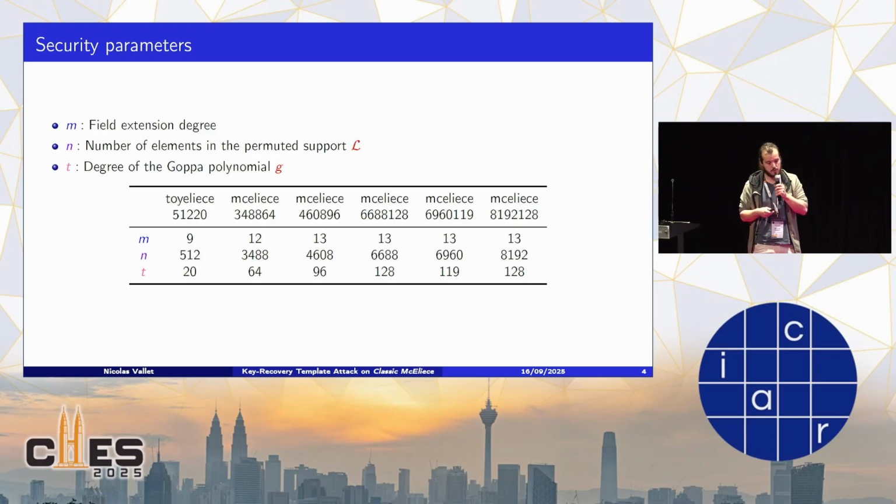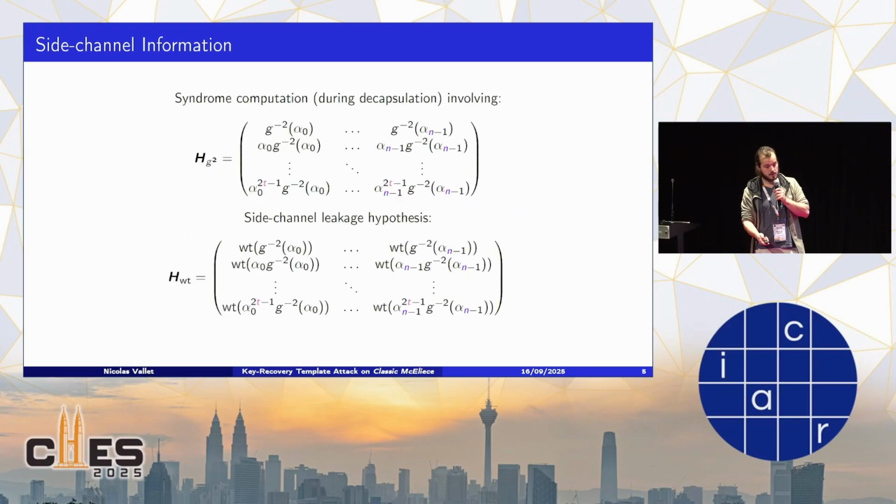There are different McEliece sets of values that have been submitted to the NIST, and they offer a trade-off between security and performance. There is also a set of values called the toy set that is used for research purposes only. That's all we need to know for now about Classic McEliece. So let's talk about the attack.